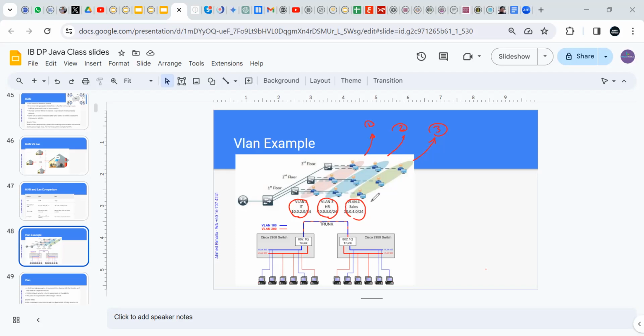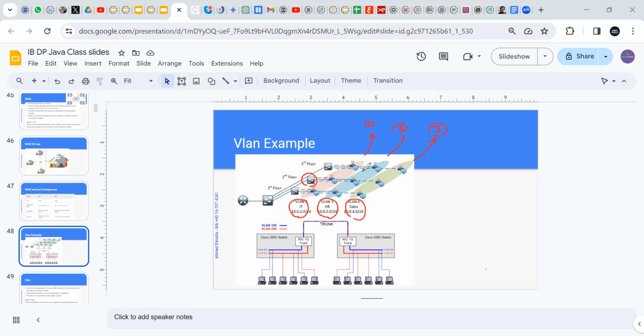When we separate people into virtual LANs, although they could be connected with the same wires and the same switch, and even sitting together, we separate them in the connections, and then they cannot see or even share the resources together.